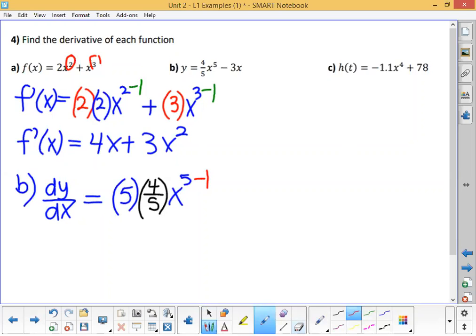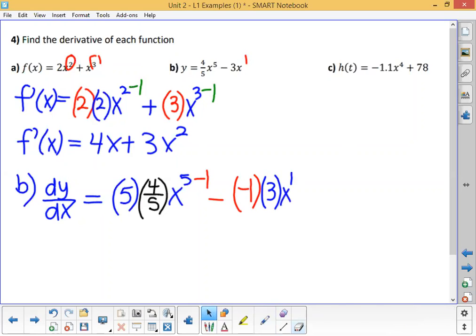For the second term, x to the power of 1. So I can't forget the subtraction sign, but I'm going to bring the 1 down, multiply it by the 3 that is already there, not -3 because I'm putting the negative already over there. And then I have x to the power of 1 that I have to subtract 1 from.